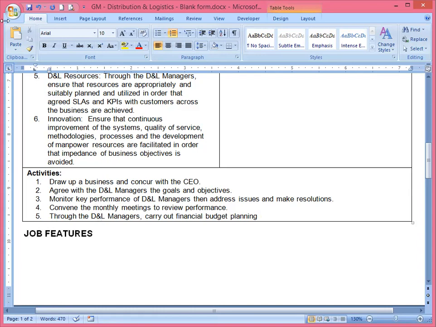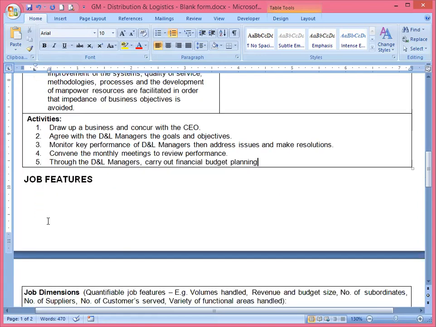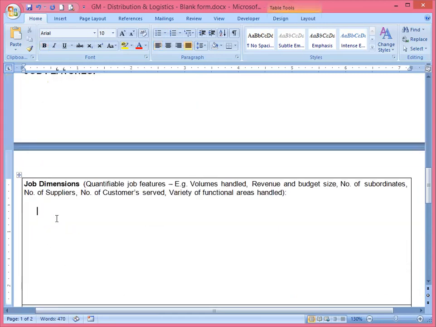Let's go to the next one, which is job features. For job features, we'll be working on the job dimension. For the dimension, we'll say annual volume for the distribution of products.